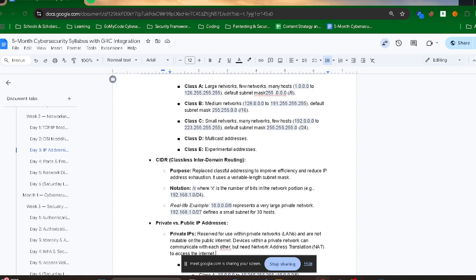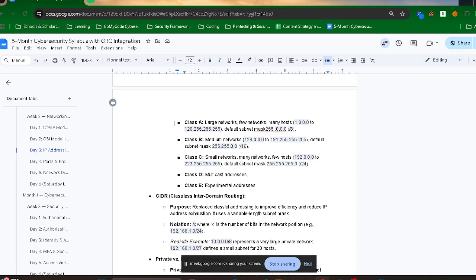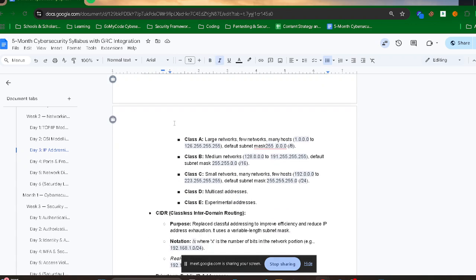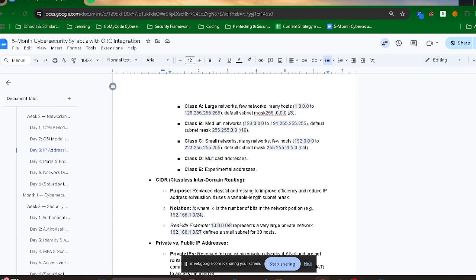So that slash number is what differentiates the CIDR notation from the classful IP addressing. The notation is /X, where X is the number of bits in the network portion.